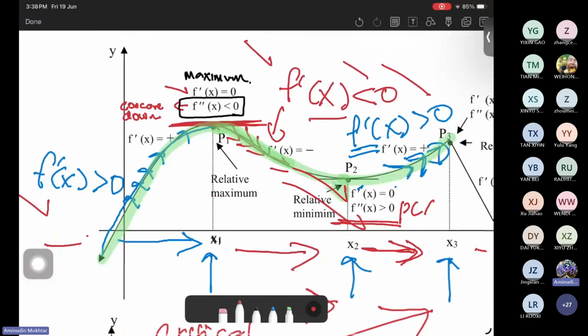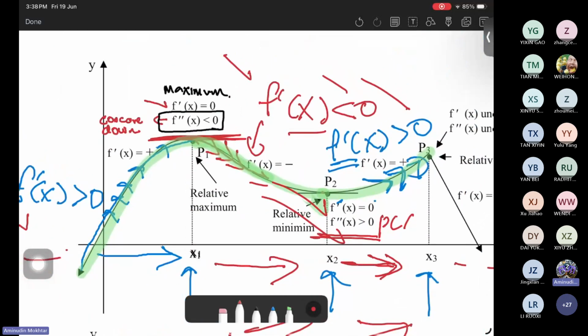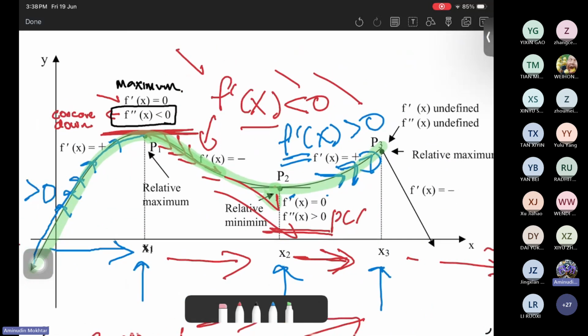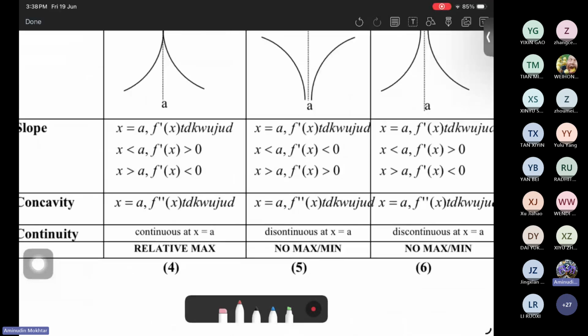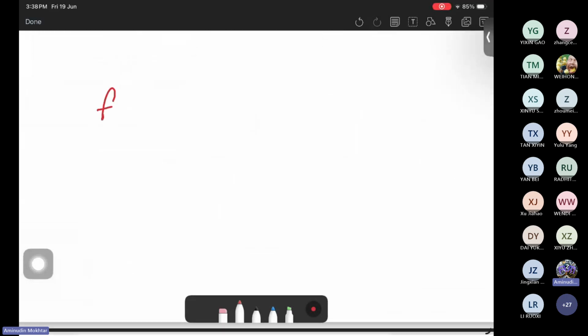As I said here, for a maximum, the first derivative is 0, but the second derivative is negative.